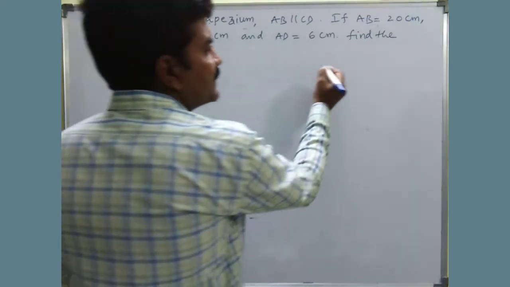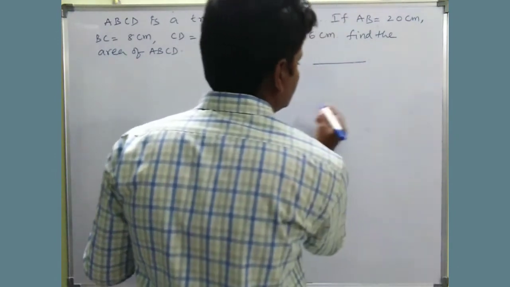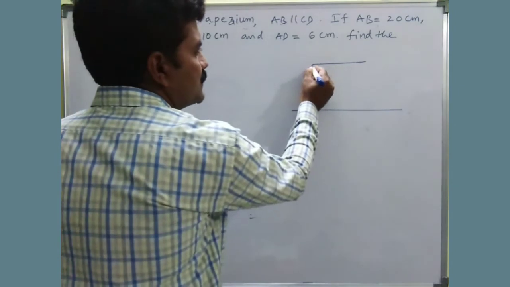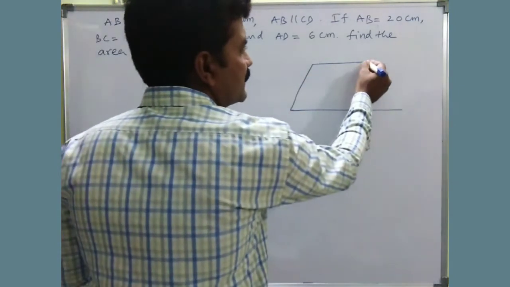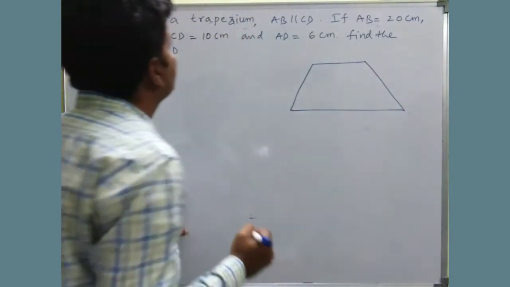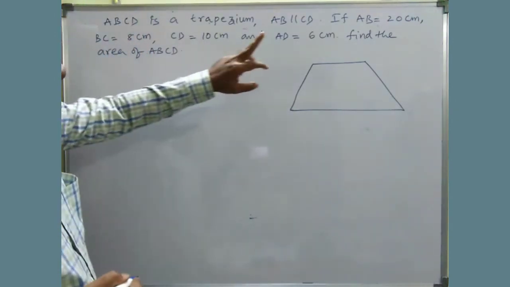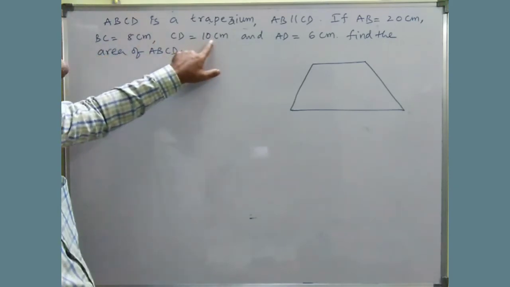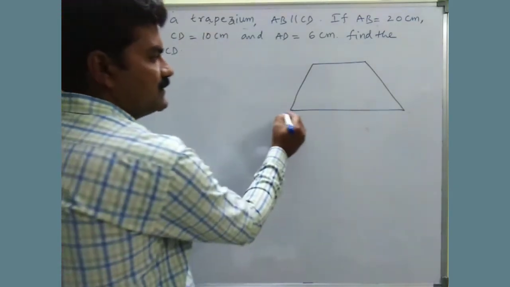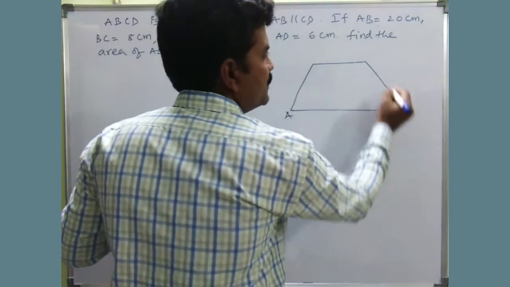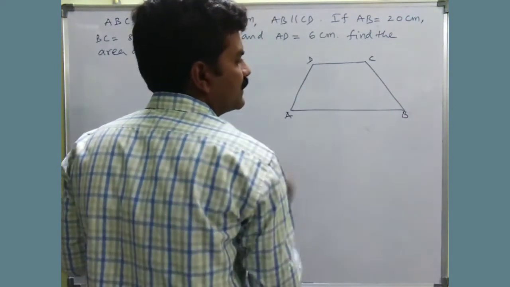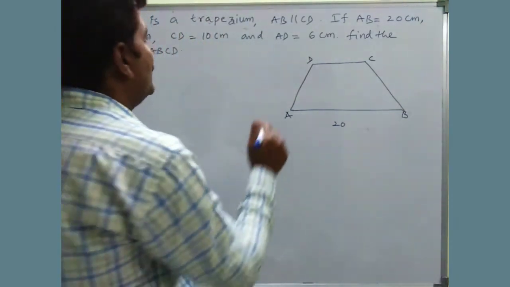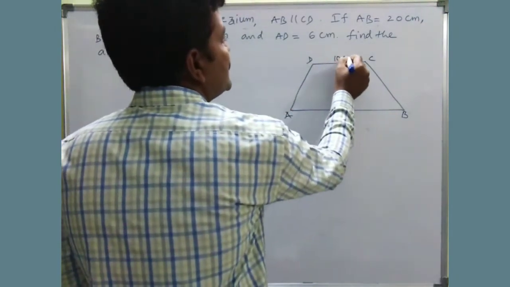Let's draw the diagram for this information now. Talking about a trapezium, let it be the trapezium ABCD, and clearly it is given that AB is 20 centimeters whereas CD is 10 centimeters. So the entire AB length is given as 20 whereas CD length is given as 10 centimeters.